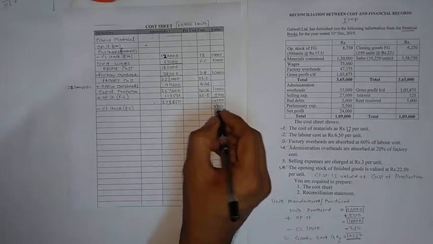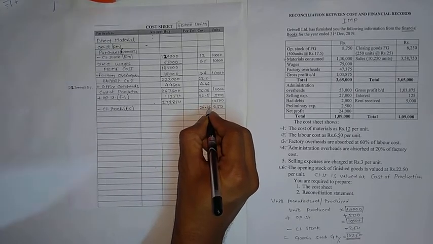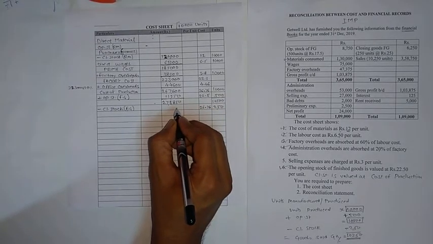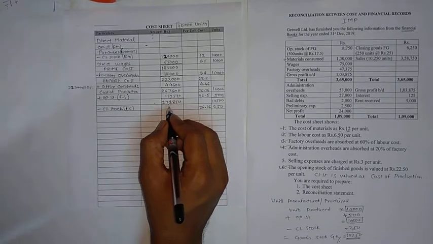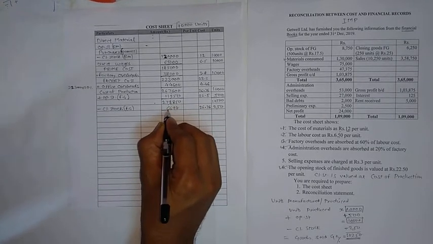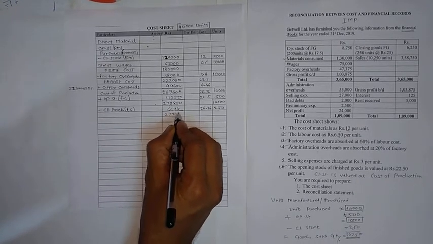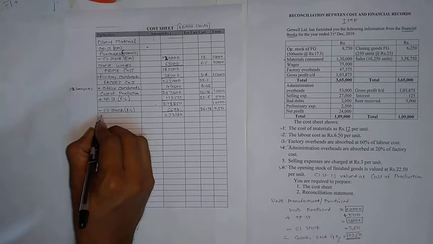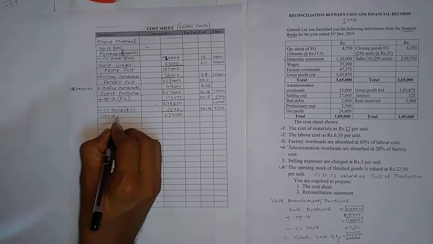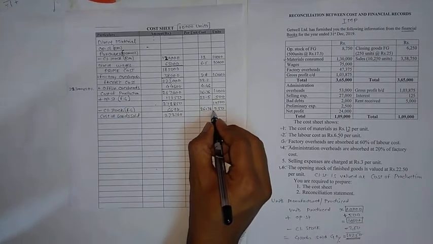So 250 units will be valued at 26.76 and this amount will be 6,690, and after deducting this we will get 2,72,160. It is cost of goods sold.